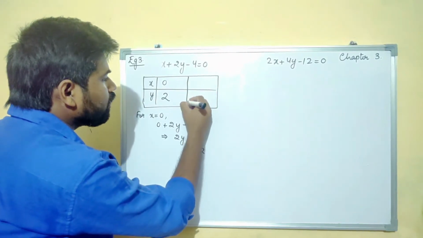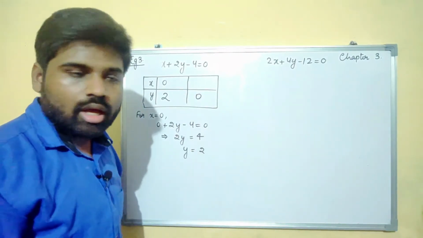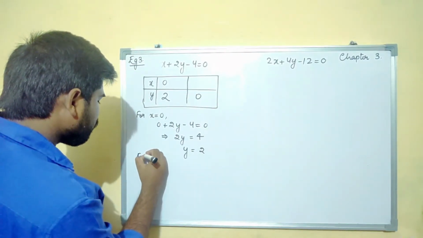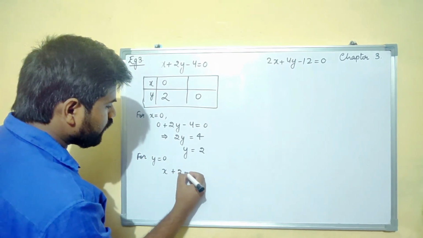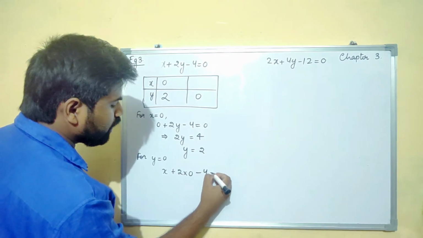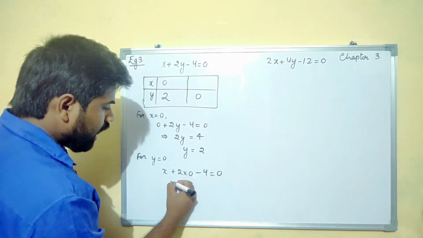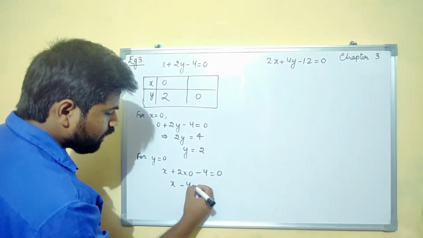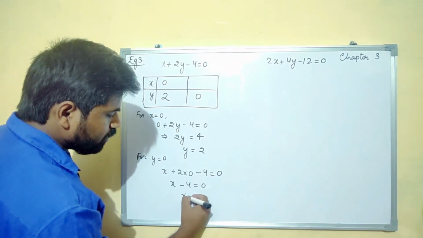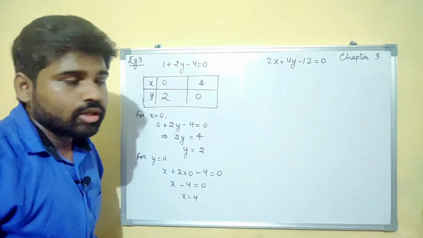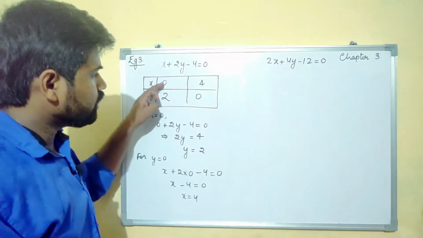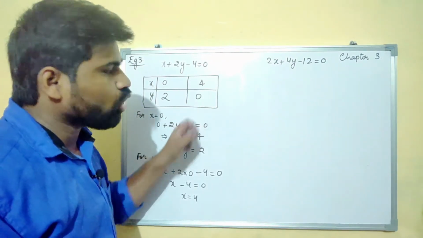Now let us put the value of y as 0. So for y equals 0, x plus 2 into 0 minus 4 equals 0. x minus 4 equals 0. x equals 4. You will get the value of x as 4. So you have found 2 points, 0, 2 and 4, 0.